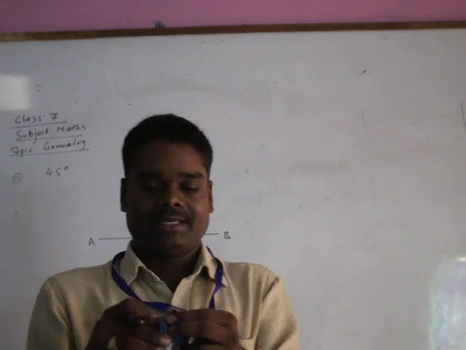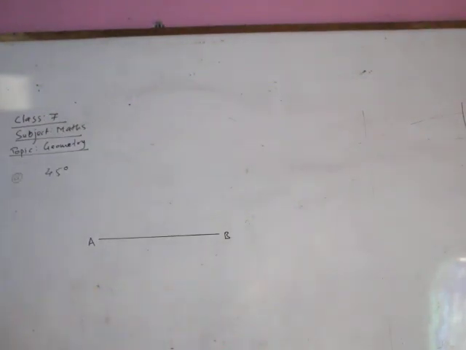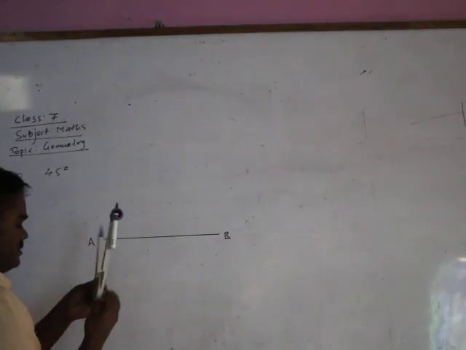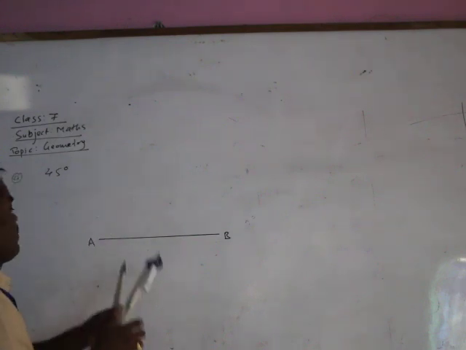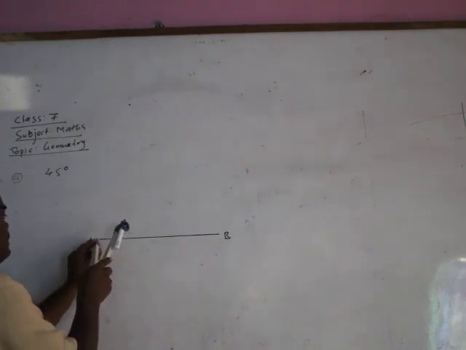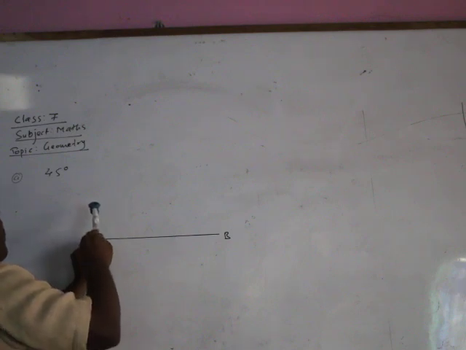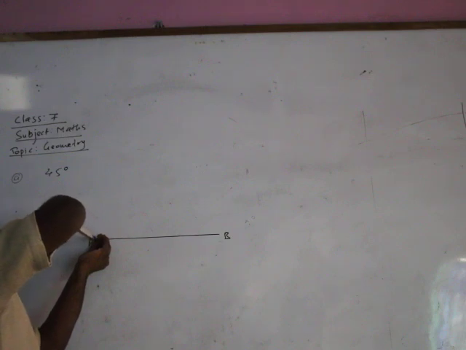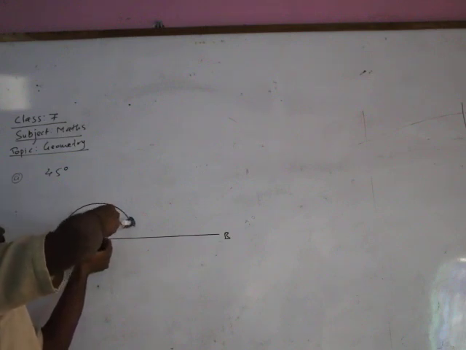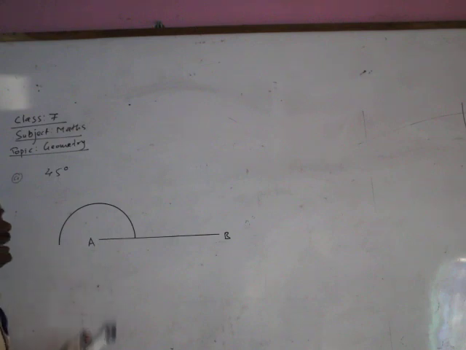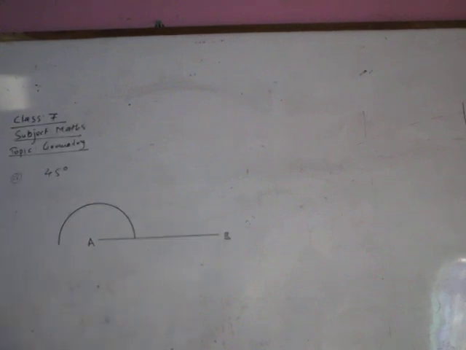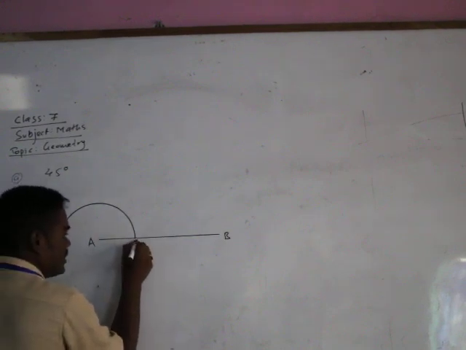Then put the leg of the compass here at A, and by taking a certain arc, draw an arc like this. So this one is 0 degree.